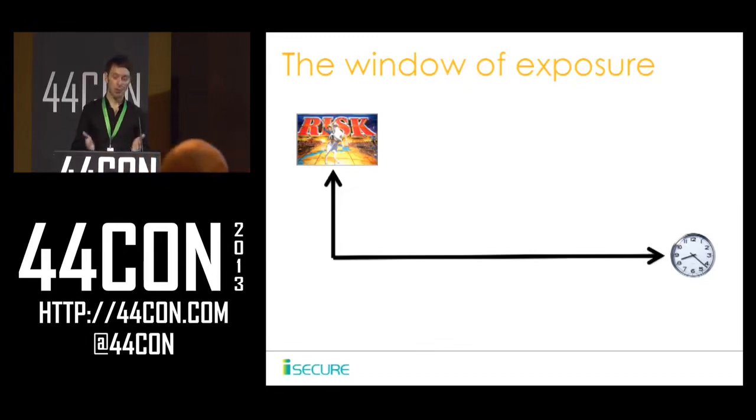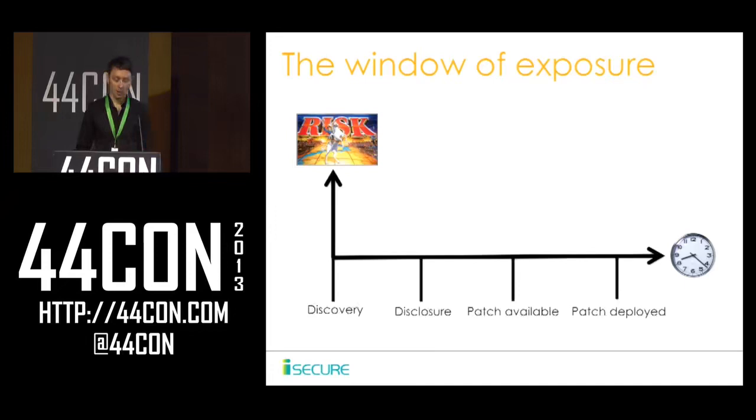We're only talking about how can we reduce the timeline, how can we patch faster. So the timeline usually has 4 major checkpoints. It's the discovery, the disclosure, when the patch becomes available, and when the patch gets deployed.